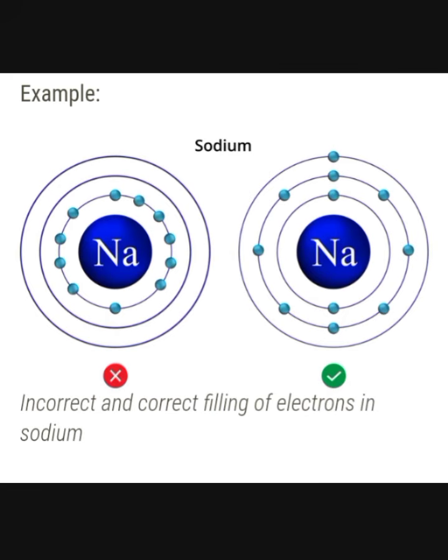So the innermost shell is having 2, then the next one is having 8. That's already 10, plus 1 that is left. That will give us 11 electrons. So if it loses that one, we are going to have the outermost shell with 8 electrons, which is completely filled up.